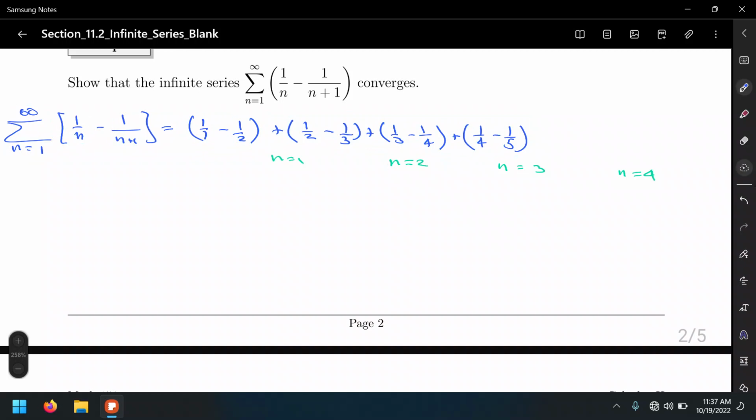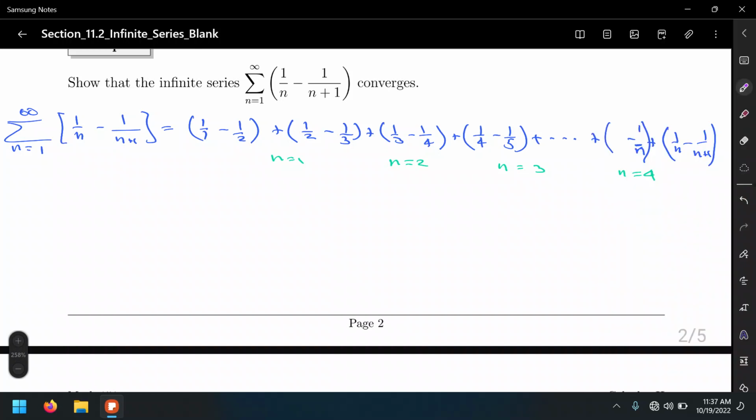This is going to go plus dot dot dot plus, in the end we are going to reach the nth term, your favorite n, infinity or whatever it is. That nth term is 1 over n minus 1 over n plus 1. The second to last term would be minus 1 over n. All right, so this is what's going to happen.